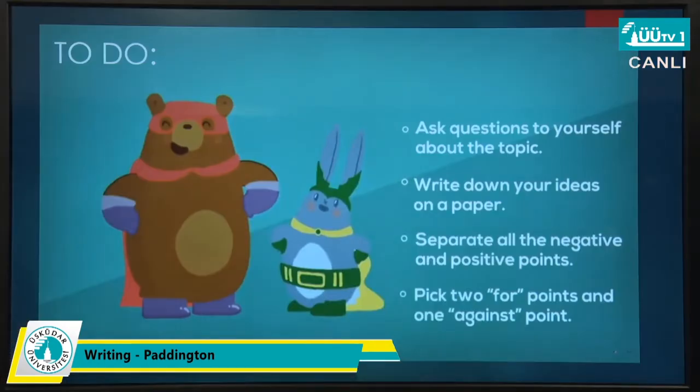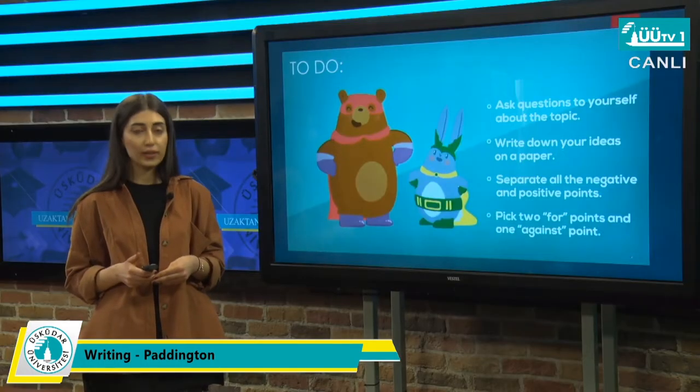Okay, so what do you have to do before starting writing? You have to ask a question to yourself about the topic, and then you write down your ideas on a paper, and usually we do it in the brainstorming part, if you remember. After that, you just decide and separate negative and positive points, and later you pick for yourself 4 points for and 1 against.